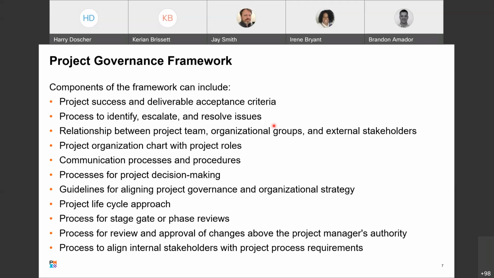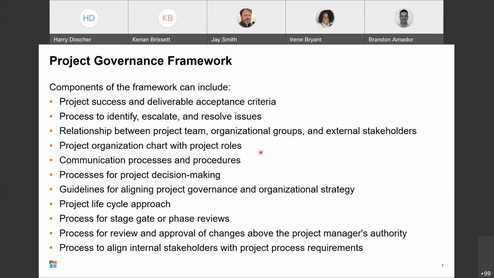They may have just a little bit of effort. It may be test only, but we need to document how those groups react or interact with the project team, and also external stakeholders. And if it's, say, the business, if it's a product owner, if it's a business owner, and also the external stakeholders can include any of your vendors. So really, that's what you need to establish, how each of these interacts with the project team.